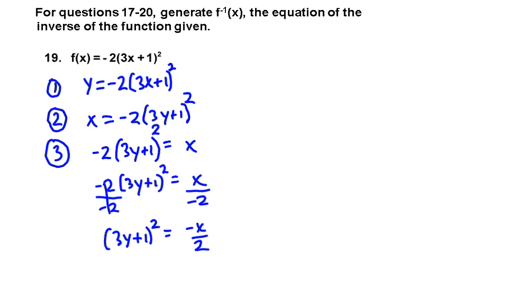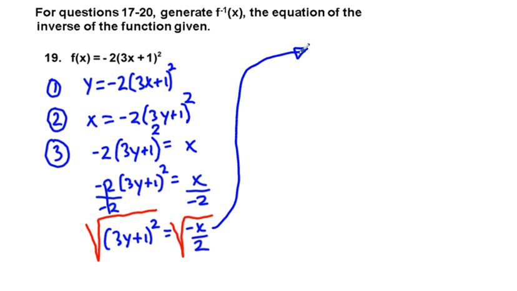Next, we're going to get rid of that squared by taking the square root of both sides. So we have the square root of squared, they cancel out, and we have 3y plus 1 is equal to the square root of negative x over 2.